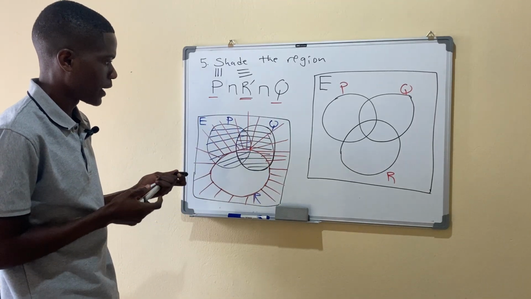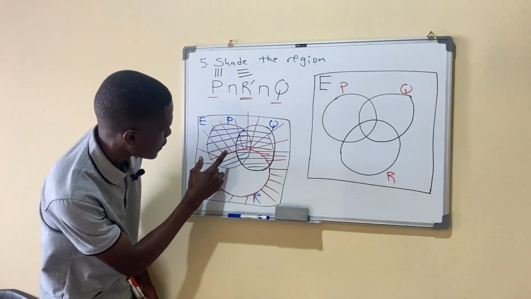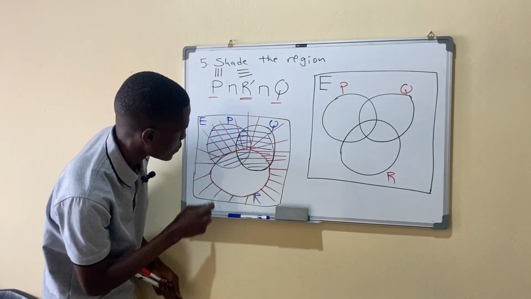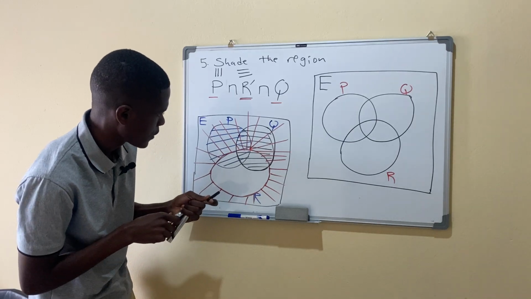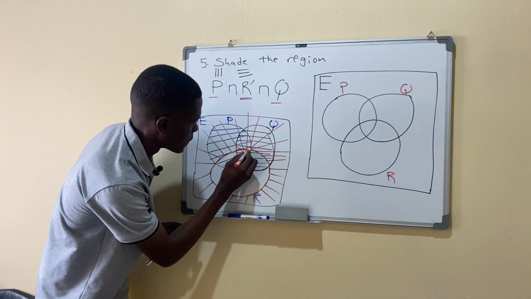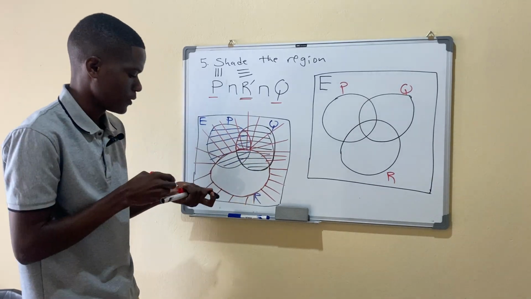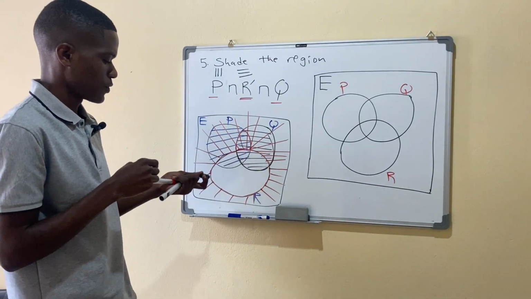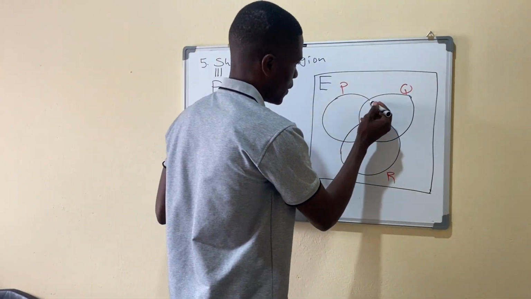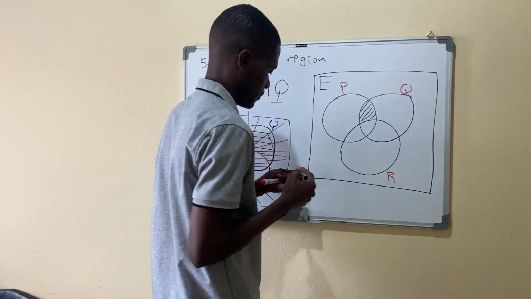So if I try to pay attention, for me, where I'm seeing all the three lines meeting, it's this region right here. I hope that's clear. So essentially, what we end up with is that region there.